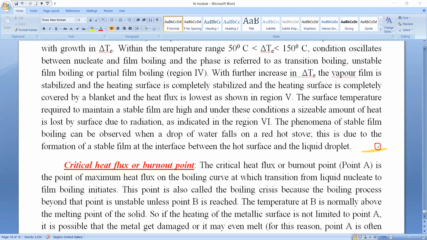Why? Because a film is formed between the hot surface and the liquid. Due to the formation of this film, you can observe a stable film between the hot surface and the liquid droplet. So this is called the sixth region, that is radiation in the boiling regime.